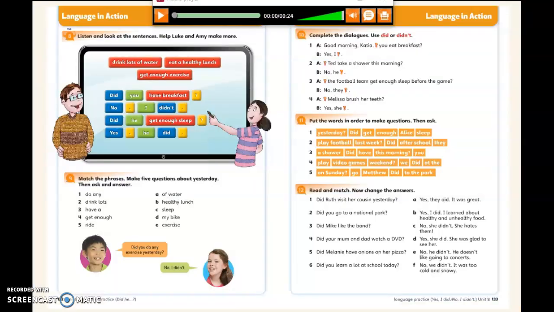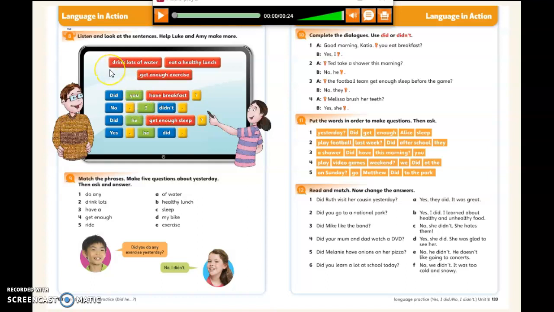Now, open your book, your pupil's book, and go to page 132. Here we have the board with the questions, okay, and the answers. Once again, I want to remind you that when we ask a question, we use the base form of the verb: have, get, okay?